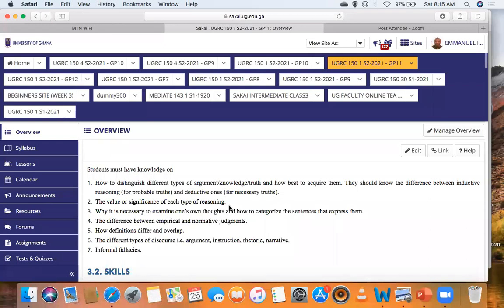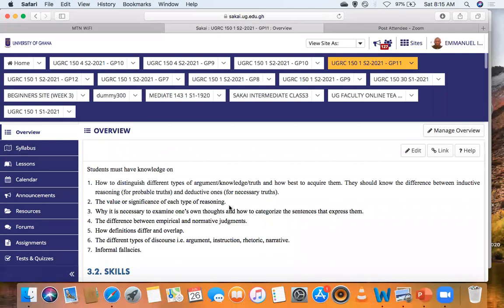For instance, it refers to right versus wrong, good versus bad, and those things.